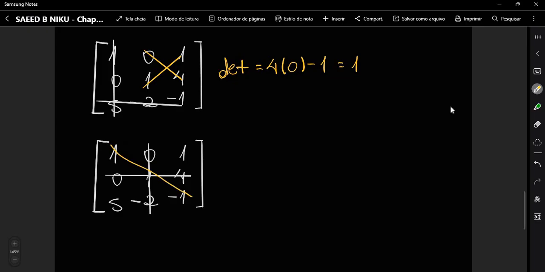And the determinant is 1 times 5 minus 1 times minus 1, 5, which is equal to 6.